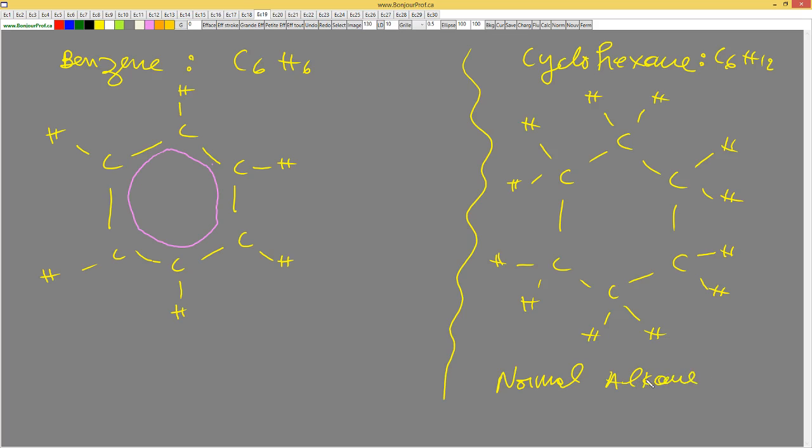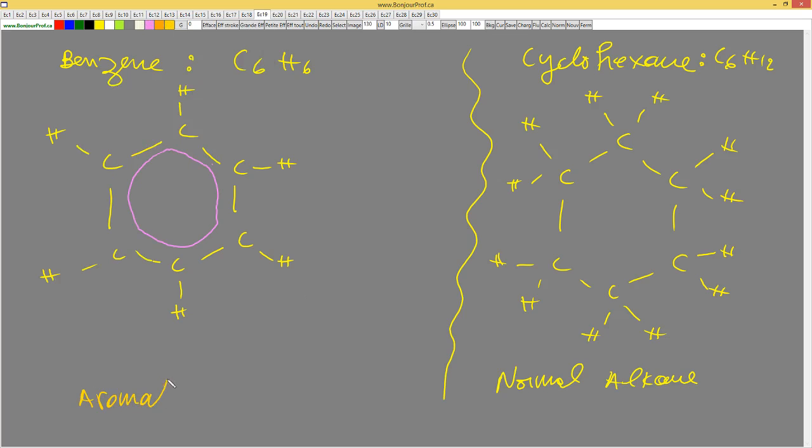It has the properties of alkane. This one has delocalized electrons. It has completely different properties. All the compounds that have this ring, we call them aromatics. This is the class. They are not alkanes, they are aromatics.